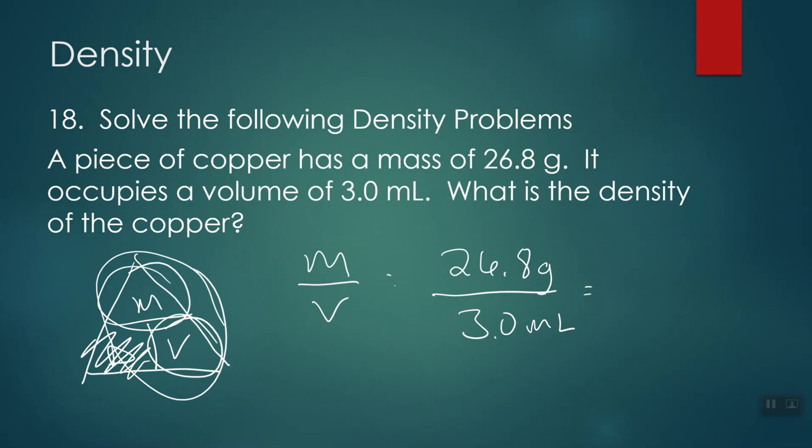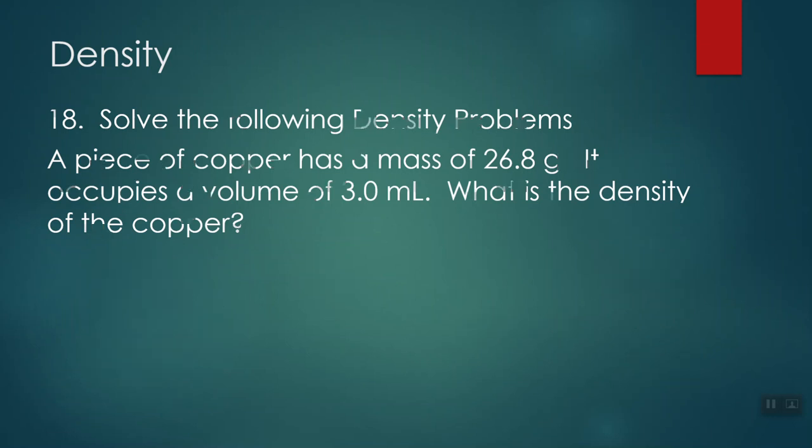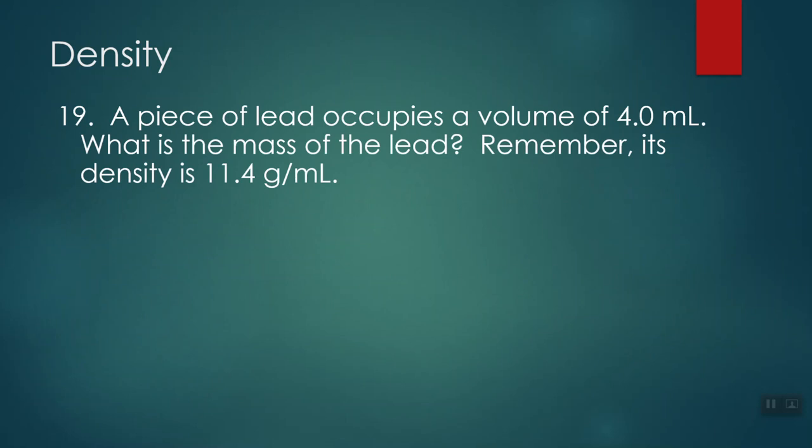Take out your calculators. Let's calculate together. 26.8 divided by 3.0 is 8.93, but you can't round up. The 3 is too small to round that up. So I'm just going to keep it 8.9 grams per milliliter.